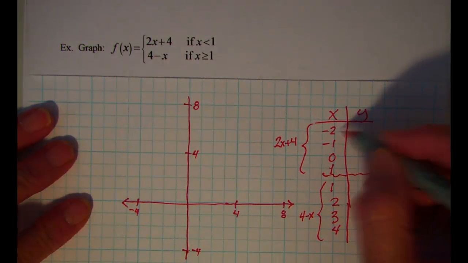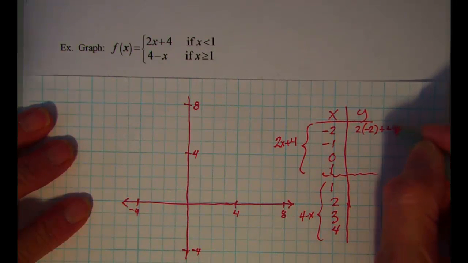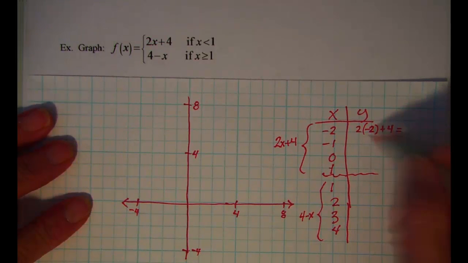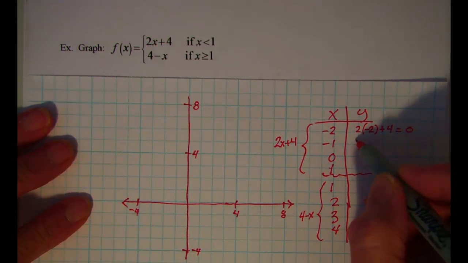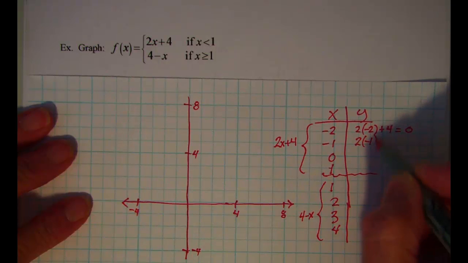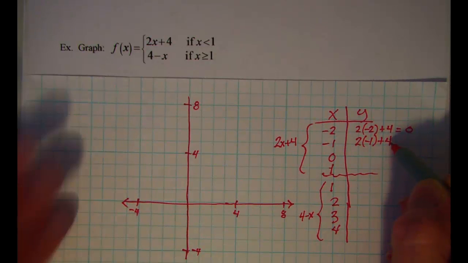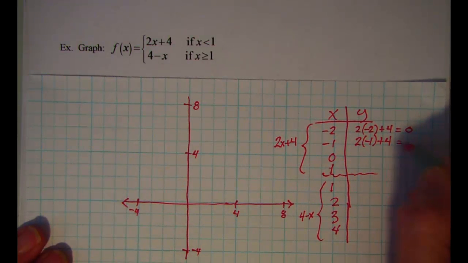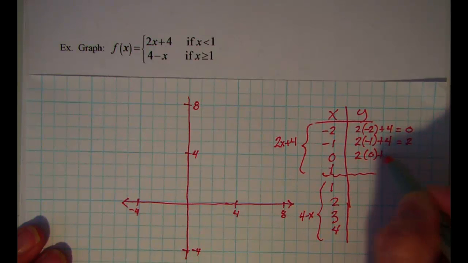Alright, so on this one I have 2 times -2 plus 4. This is -4 plus 4, which is 0. On this one I have 2 times -1 plus 4. So -2 plus 4, which is 2. For x equals 0, I have 2 times 0 plus 4, which is 4.